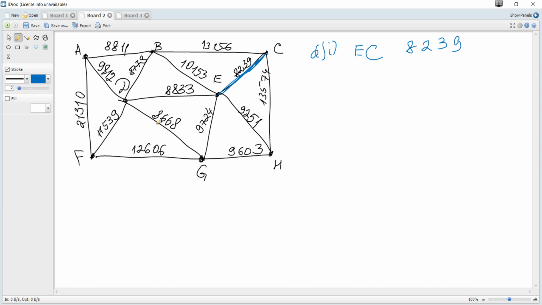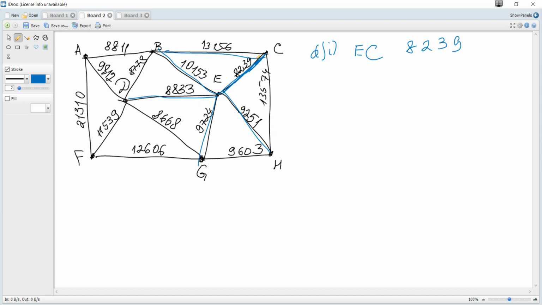And actually, what is the difference between Kruskal's algorithm and Prim's algorithm? The difference is that if it were Prim's algorithm, the starting vertex should be given, and for the next vertex to be added, I should consider edges which are connected to the existing network.